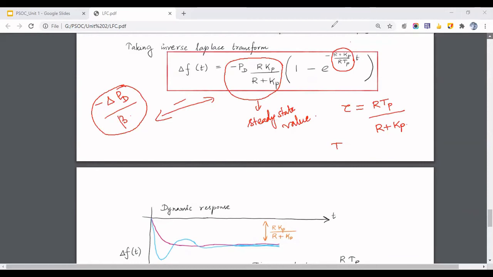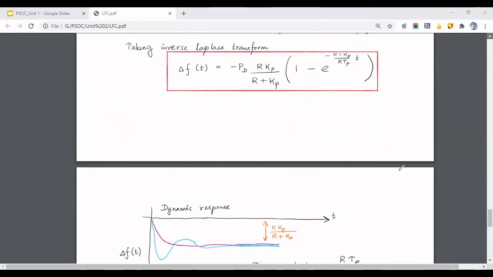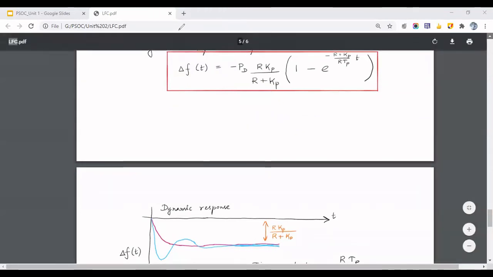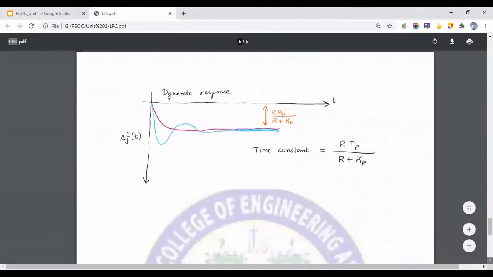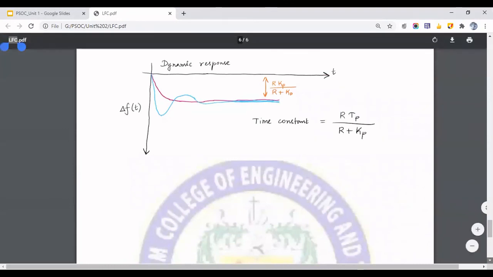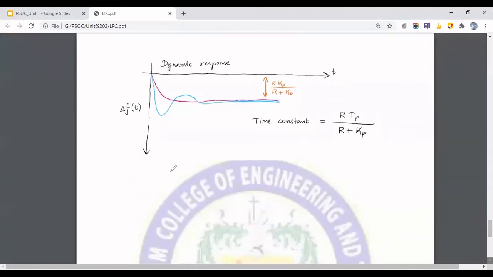Let us now discuss in detail the significance of this time constant. Already we have learned in circuit theory that whenever you have a value of time constant, whenever you have an exponentially decaying function or a transient function, the significance of the time constant is that at 5 to 6 tau, the transient completely dies out.